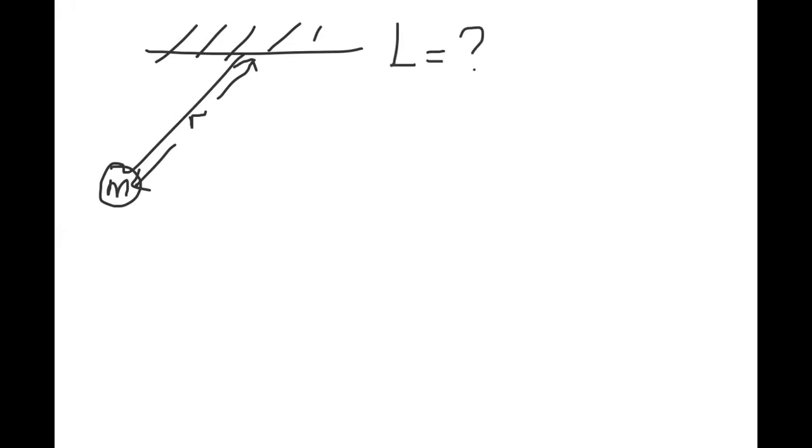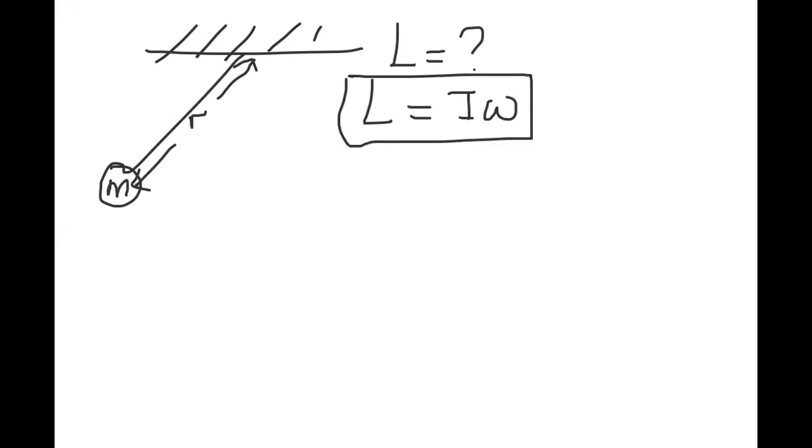I want you to remember a few things that we discussed in the previous slide. L will be I times omega. That's the formula for angular momentum. And for a simple case like this one, I is just given by mr squared.